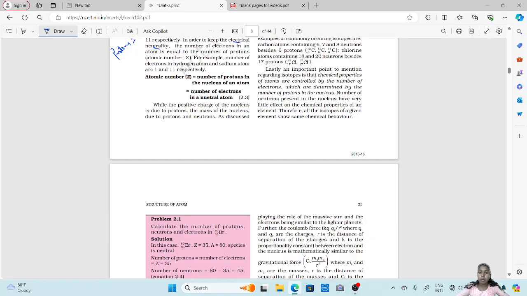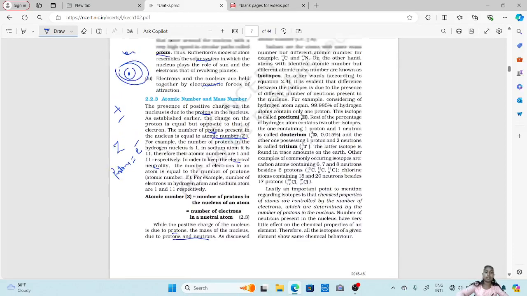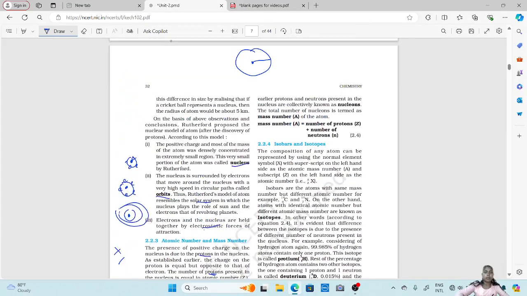While the positive charge of the nucleus is due to protons, the mass of the nucleus is due to protons and neutrons, which are present together. Protons and neutrons present in the nucleus are collectively known as nucleons.